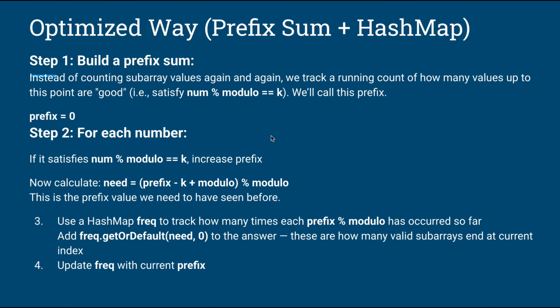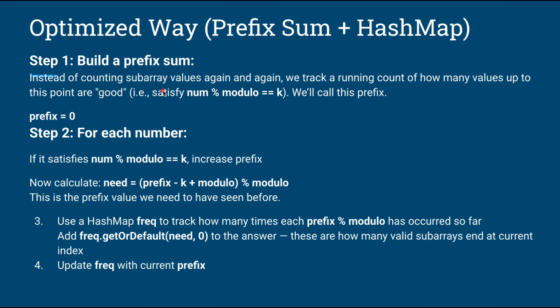Now let's understand the prefix sum based approach, where we will also use a hashmap. In this optimized way, in step 1 we'll build a prefix sum. Instead of checking every possible subarray, we will track a running count of how many numbers so far satisfy nums[i] modulo equal to k.